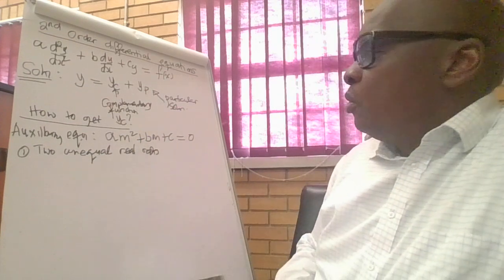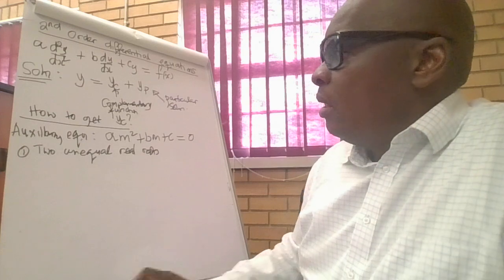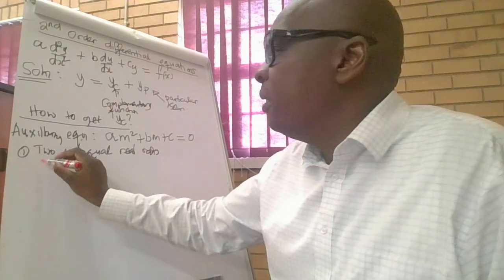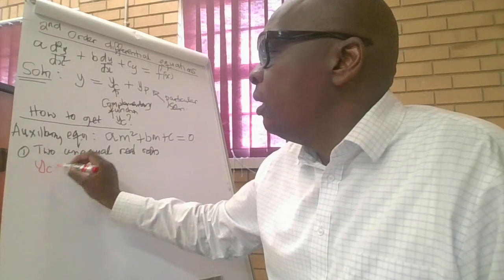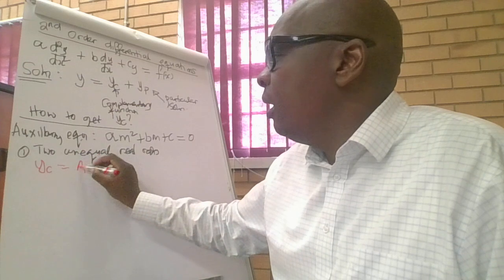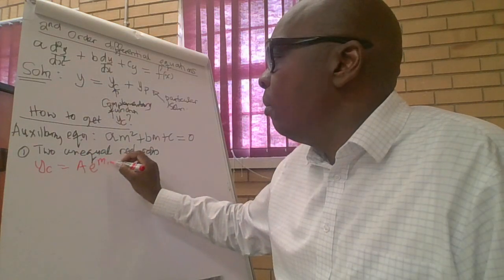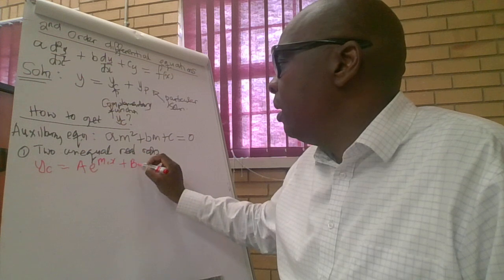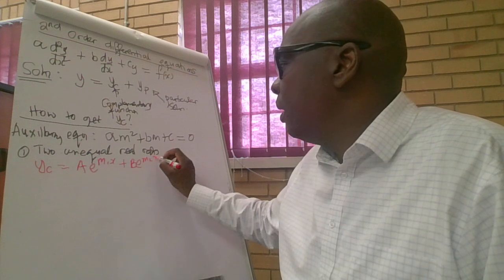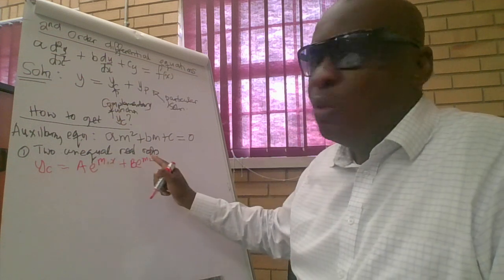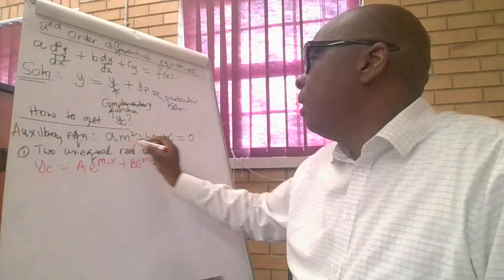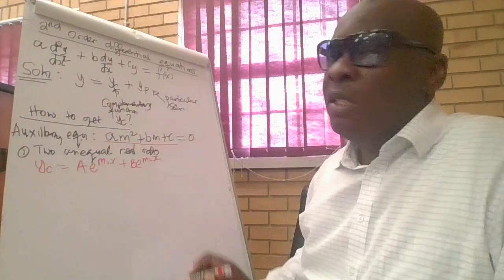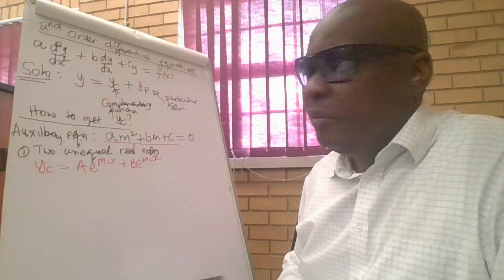If we get two unequal real roots, then your complementary function yc will take the form a e to the power m1x plus b e to the power m2x, m1 and m2 being the solutions of the auxiliary equation.